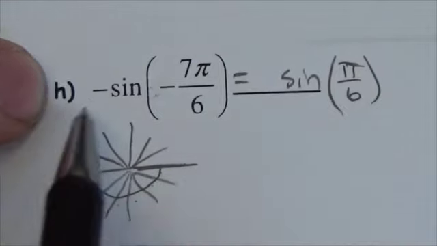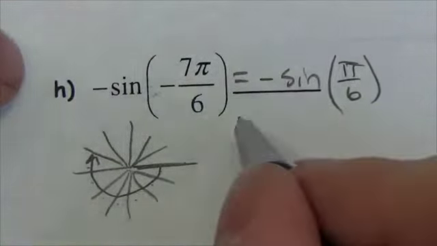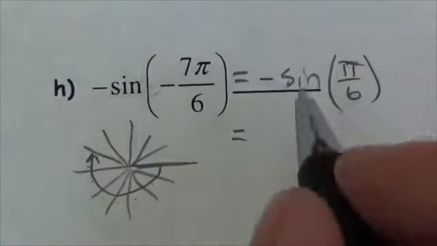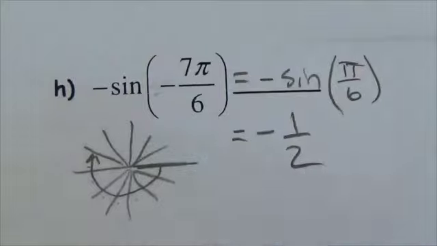However, there was a negative out front, and that negative is going to change that at the end here to a negative. Now, the sine of pi over 6, go look at your unit circle. Remember, it's the y-coordinate, and the sine of pi over 6 is 1 over 2. So the answer to this is that it's going to be negative 1/2.